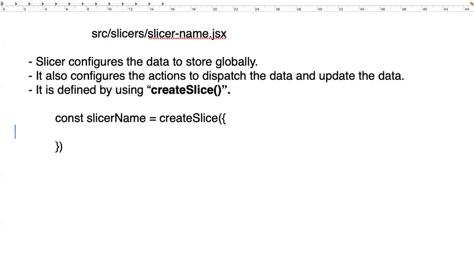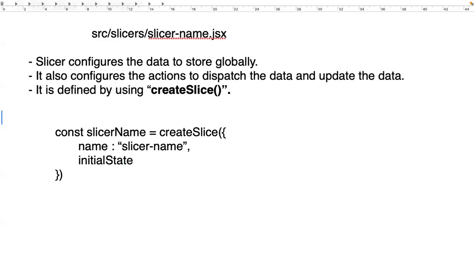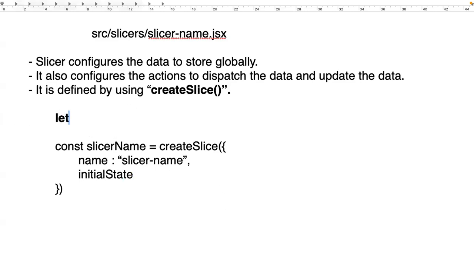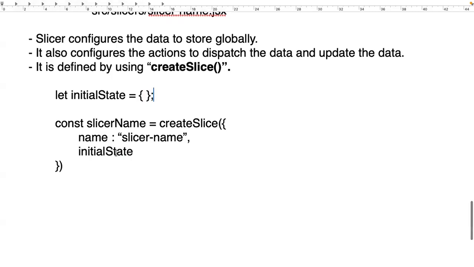In this, first, important, you have to give a name for the slice, and you have to define the initial state. Actually, above we have the initial state. Initial state defines the data to handle.